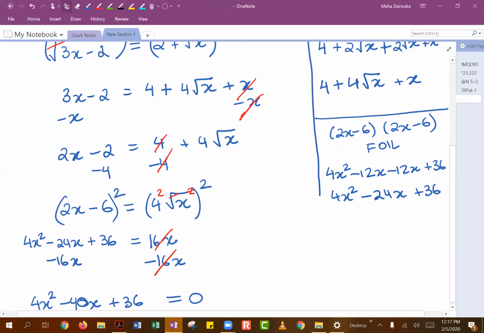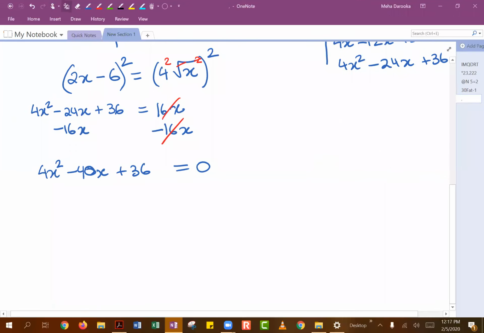Since you have 4 and square root of x on the right-hand side, the second power applies to both numbers. The 4 squared gave you 16, and then square root of x to the second power is where that x came from. And then we moved our 16x to the other side. Cleaning that equation up gave us this final expression, 4x squared minus 40x plus 36.